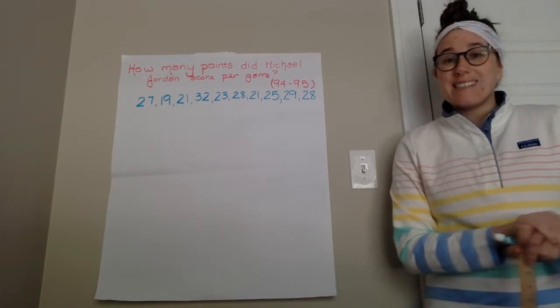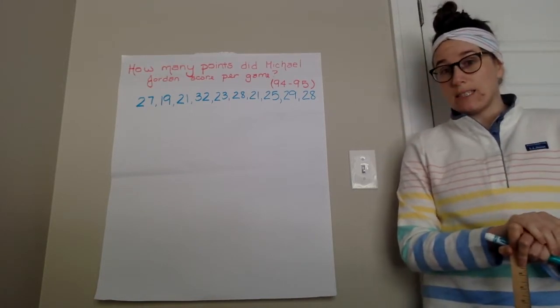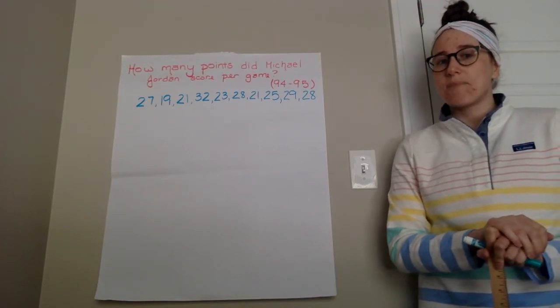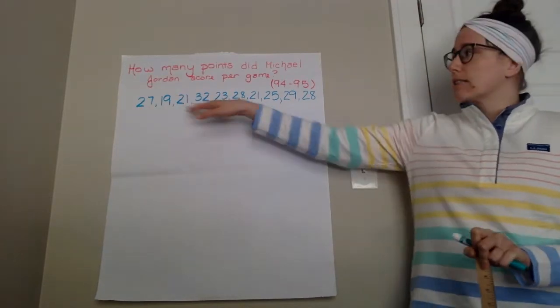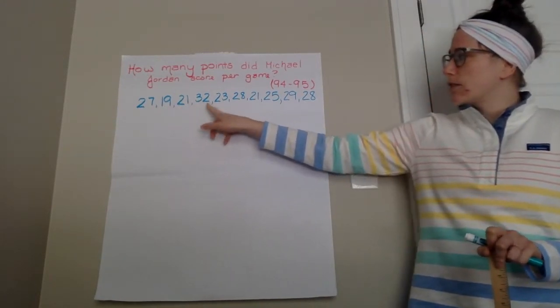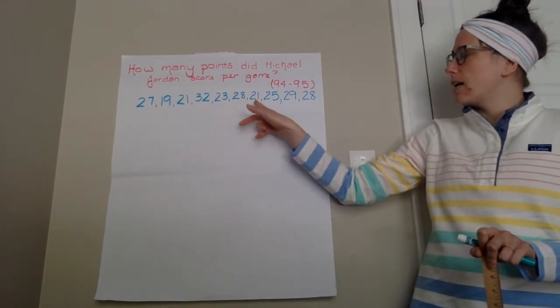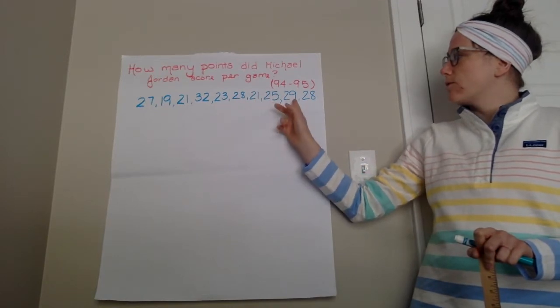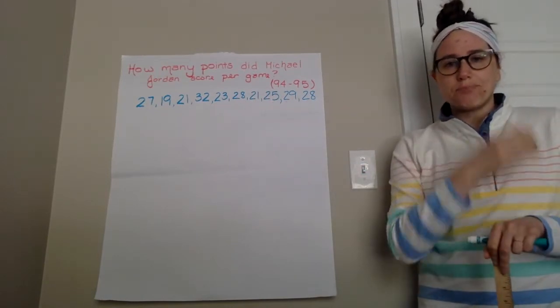So I took a look at 10 games and the points that he scored during that time. I listed them all here: 27, 19, 21, 32, 23, 28, 21, 25, 29, and 28.